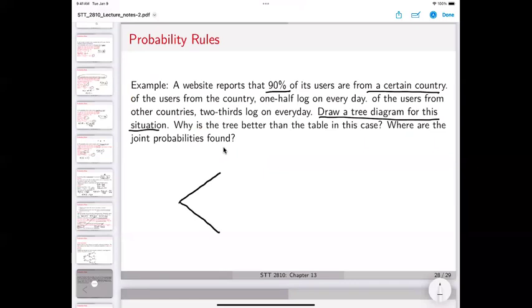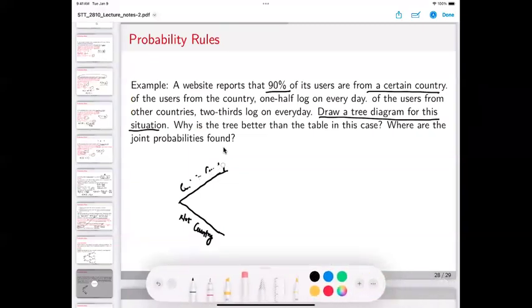So let me put here certain country. And then here would be, let's say... Let me try to write it more clearly.